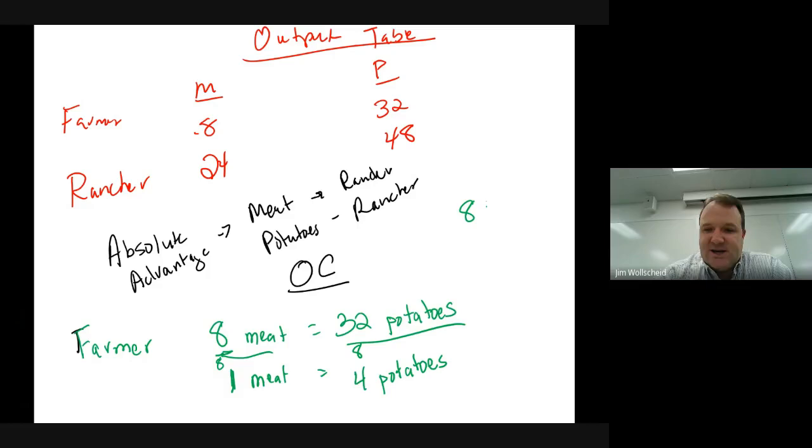If we wanted to find potatoes, well, I want to get 1 potato equals, well, how do I get to 1? Is I divide by 32. And that's how I would end up with my equation there.